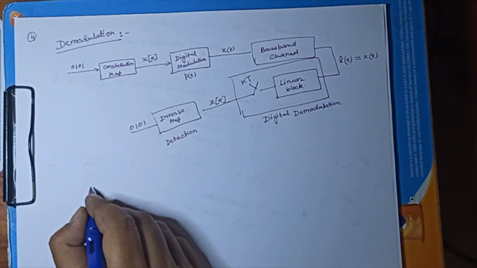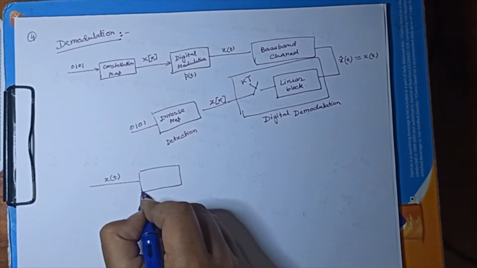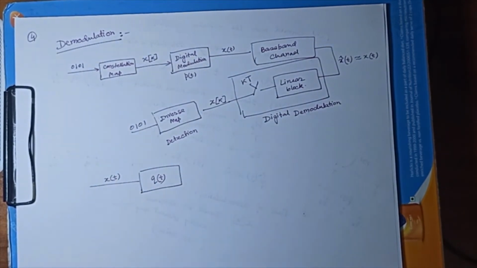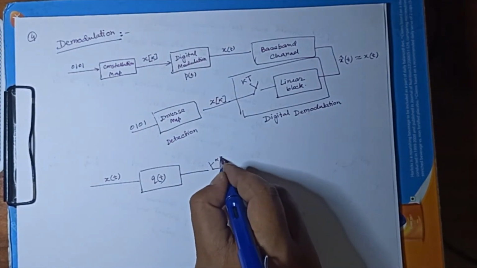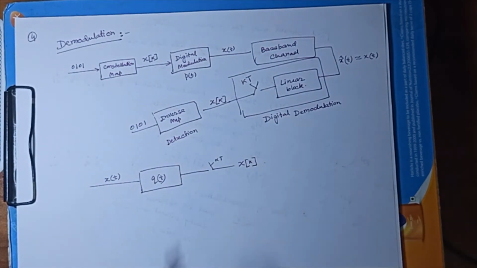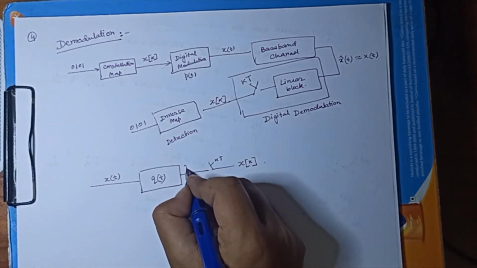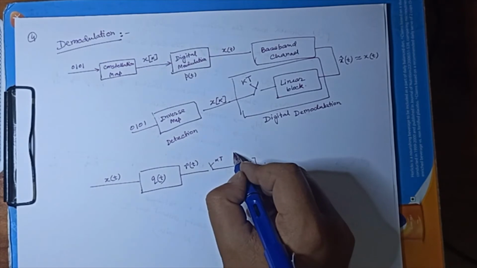Input x(t) is coming, and suppose you have some filter whose impulse response is q(t), and you are sampling it at time kT. You are expecting that you will get x_k back. Okay. So suppose this is some r(t). So what you are getting is basically r(kT).